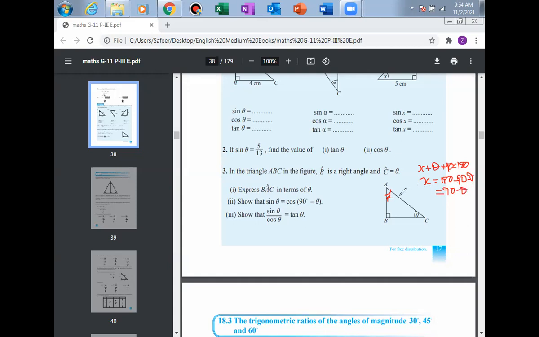So x is 90 minus theta. See, in the question also they have used 90 minus theta. So this angle is 90 minus theta. First you have to find that and then you can continue the work.